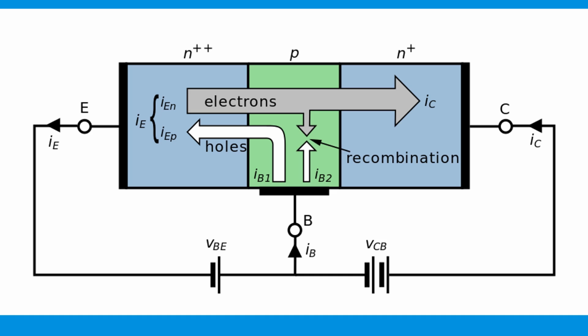These electrons diffuse through the base from the region of high concentration near the emitter towards the region of low concentration near the collector. The electrons in the base are called minority carriers because the base is doped p-type, which makes the holes the majority carrier in the base.